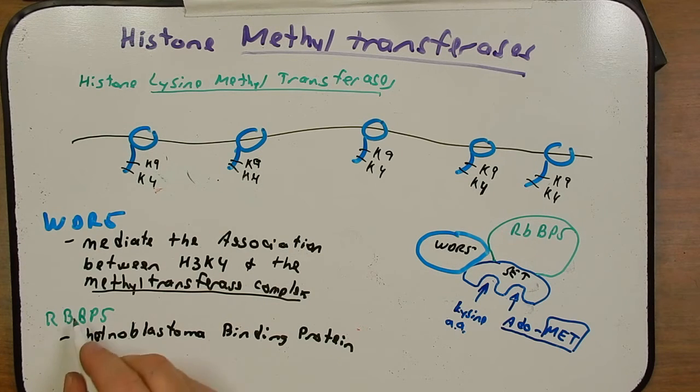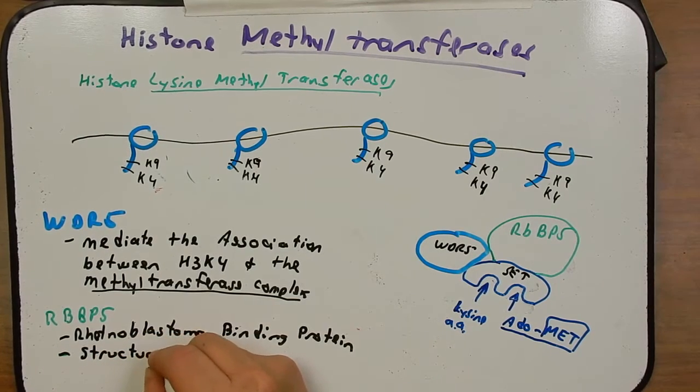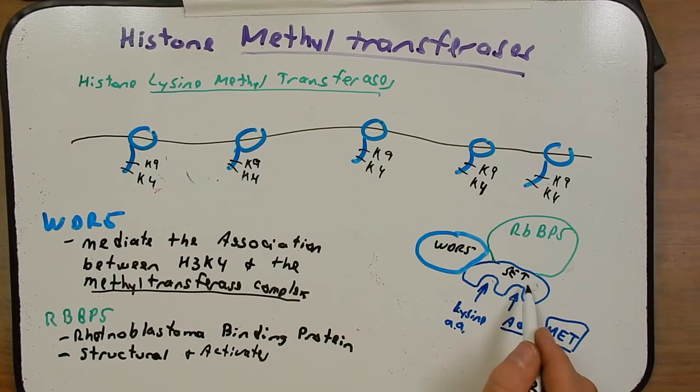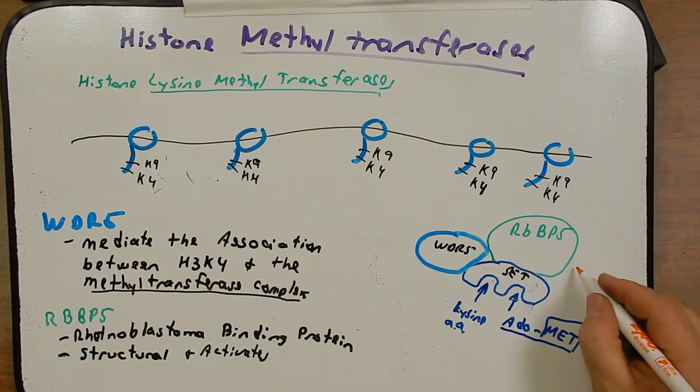Sometimes proteins get named something because of the way it was first identified. But then we discover that a protein may have more than one function or may associate with other complexes, such as in this case, it associates with this SET complex. And we believe it has a role in the structure here, holding the structure together, so a structural role, and helps to activate SET.